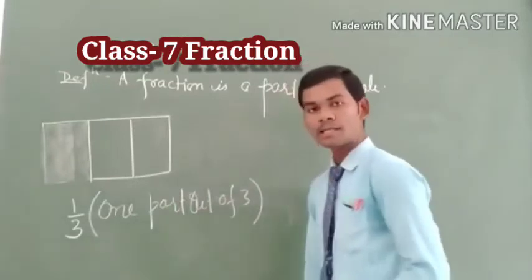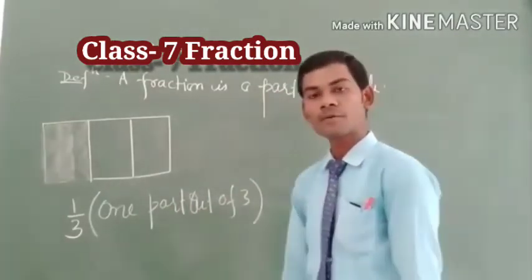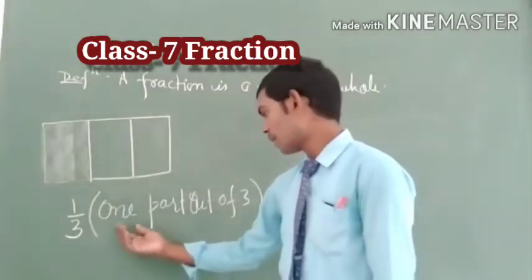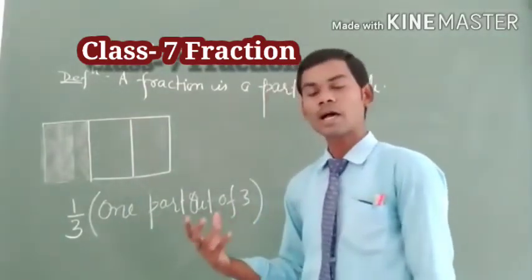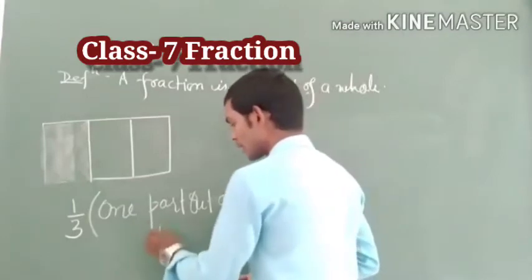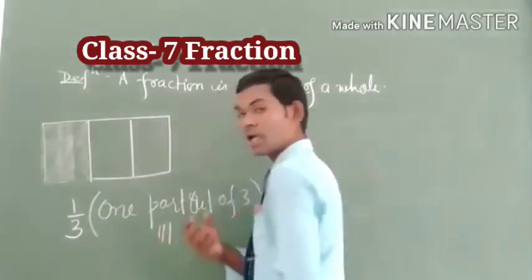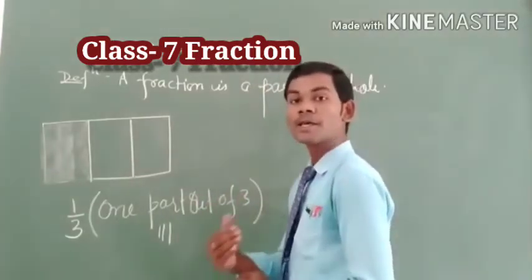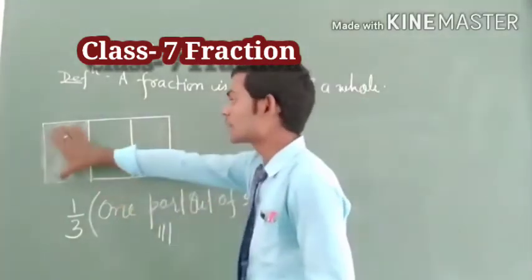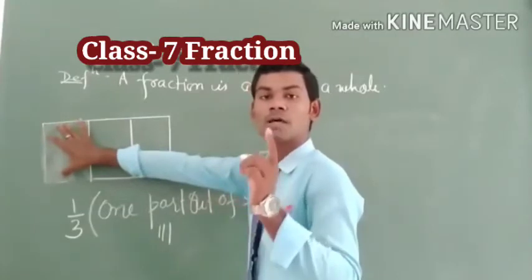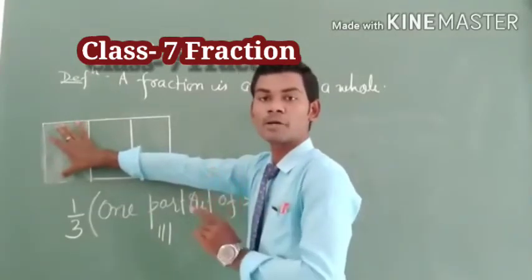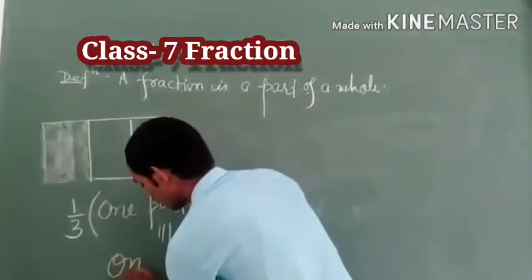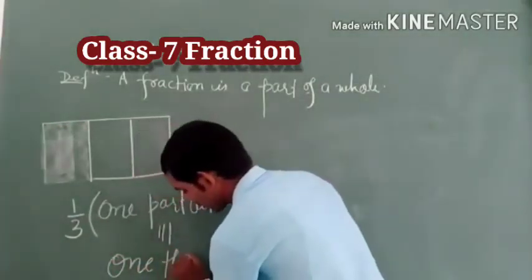As you remember, when I divided the rectangle into two equal parts, I wrote one part out of 2 and also gave the equivalent name, which is half. But here we cannot write half. Here we write that this part is the 1/3 part of the figure.